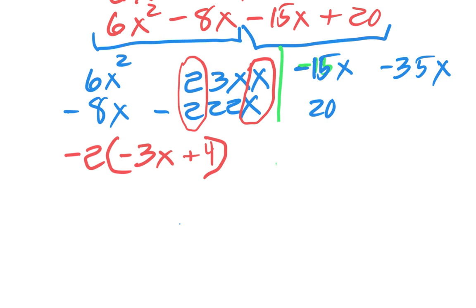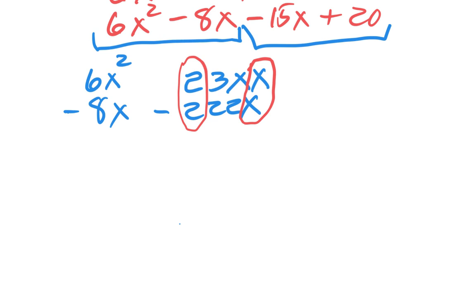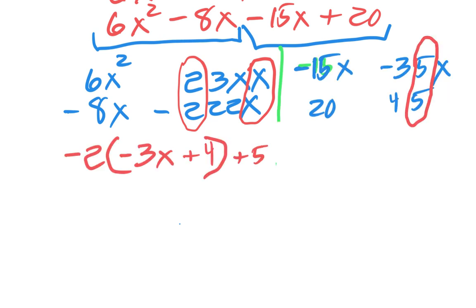And for 20, I have a 4 times 5. What's my common factor? Okay, let's see. I have the 5's. That's all I have. So when I go to factor out a 5, that's going to leave me with a negative 3x and a plus 4.